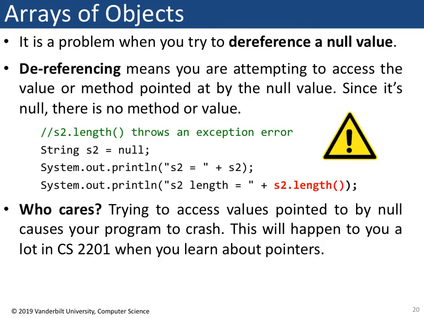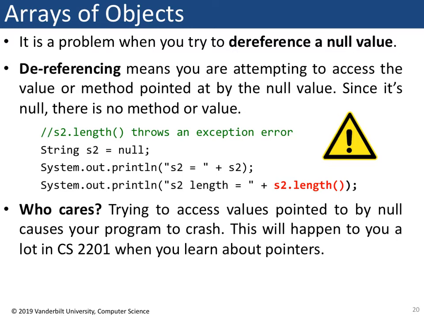Here's what you can't do. You can't dereference a null value. We've mentioned this previously when we were dealing with our example using S2.length. The dot operator in Java is the dereferencing operator. It says this to the left of the dot is the location of an object in memory. Go there and use this method or access this data.